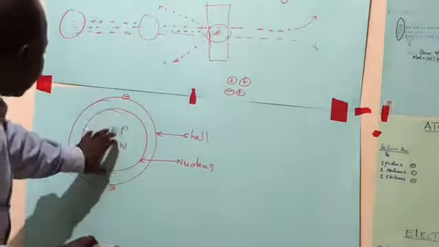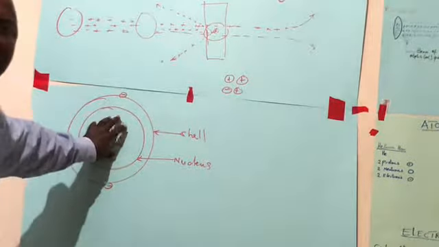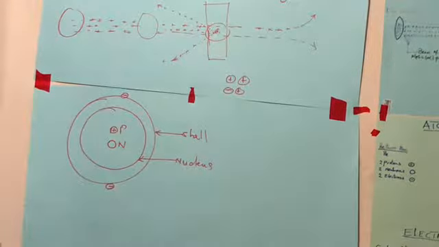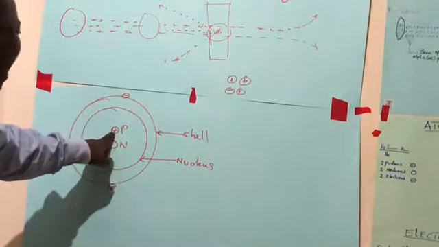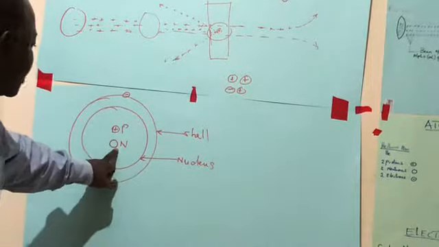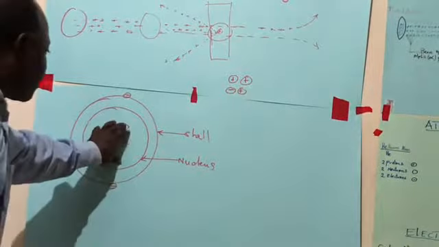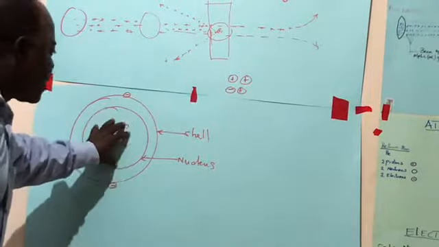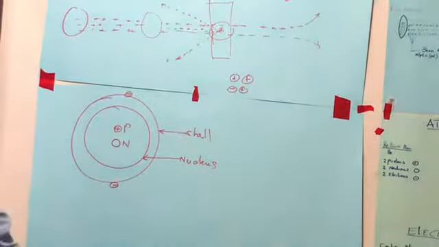Now, these particles here are the ones that give the atom a stable structure. The protons that are positively charged are neutralized by the neutrons. These protons make the nucleus positively charged.